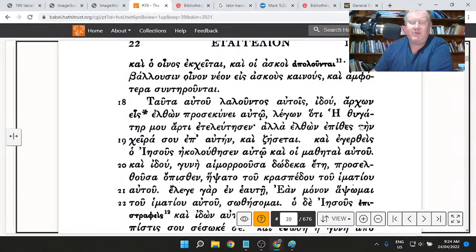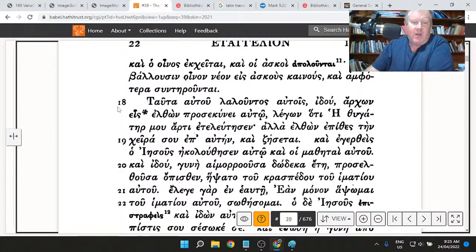Archon is obviously related to first, like in the beginning. Sometimes people are called archon, like the chief priests of the synagogue, the first in the pecking order.